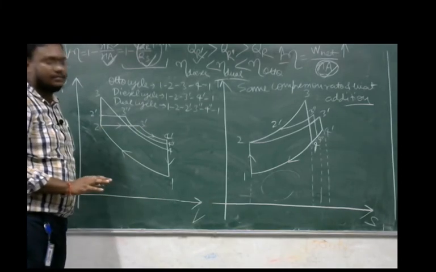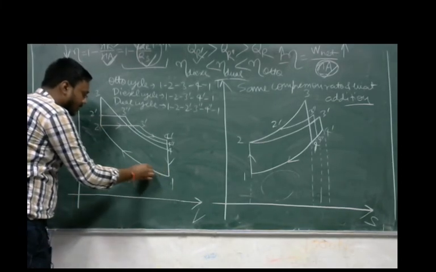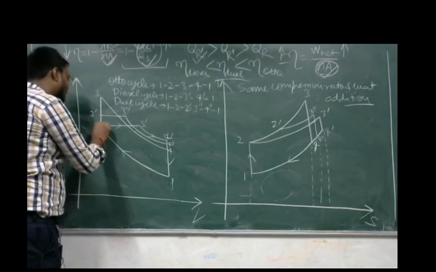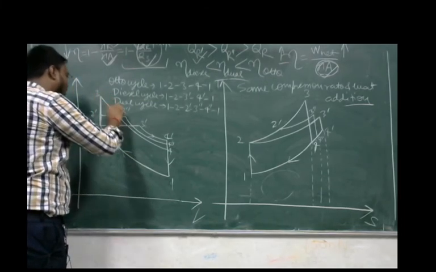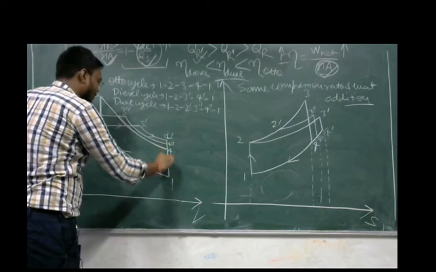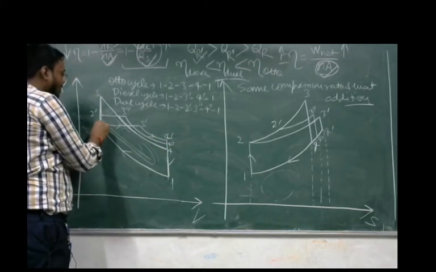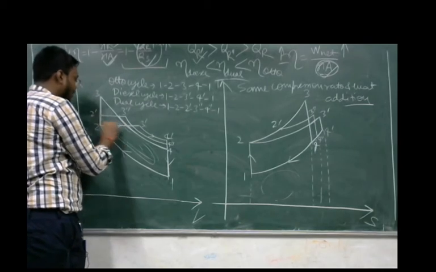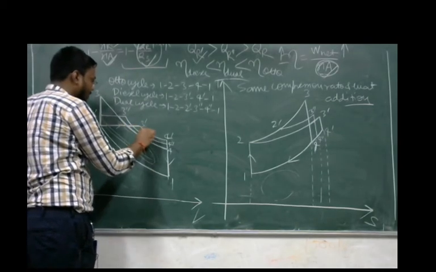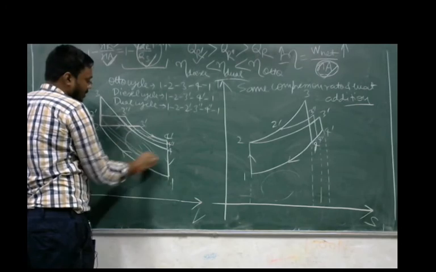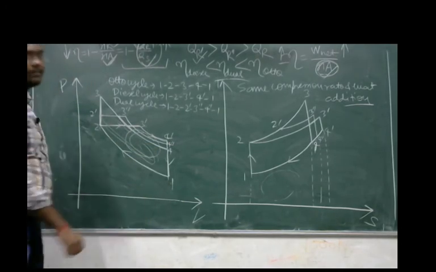See this area of Otto cycle is maximum. And diesel comes below the Otto cycle. Diesel cycle is small, so the area for diesel cycle is minimum.